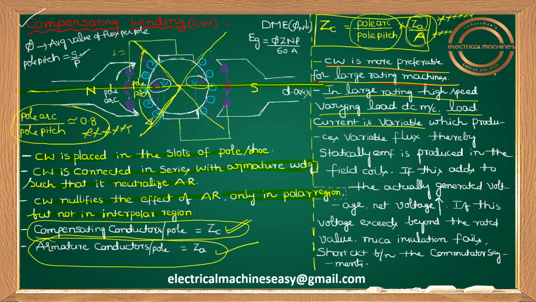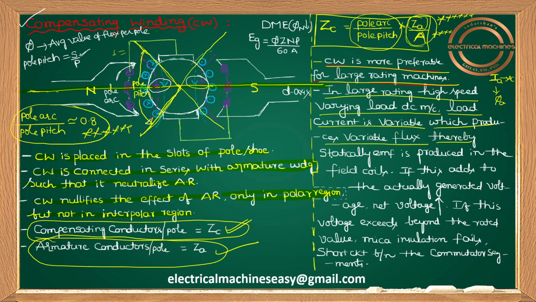Whenever the load current, the armature current IA, is variable, it produces variable flux, which I'll take as phi A.